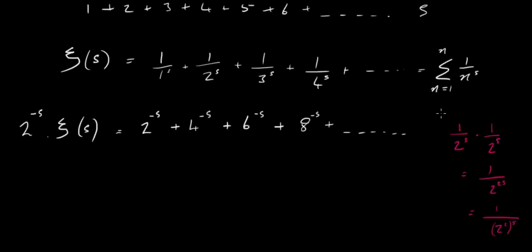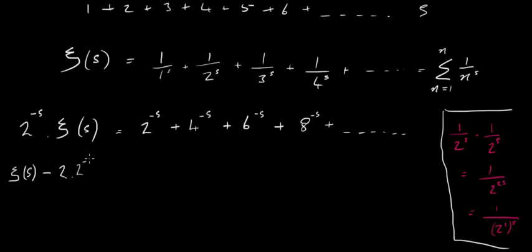Let me just cordon this off here so I don't get mixed up. So I'm going to take this here, my zeta function in s, and I'm going to subtract twice this here, 2 to the power of minus s times zeta s. So that's what I'm doing, yeah?